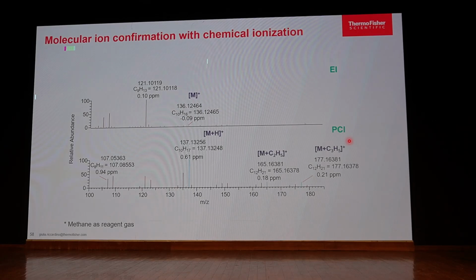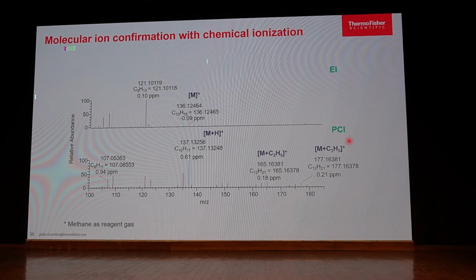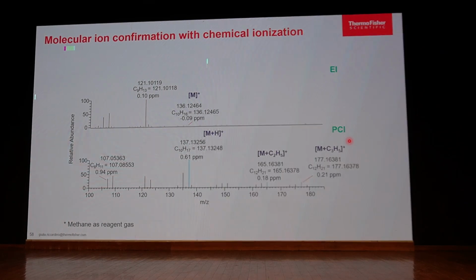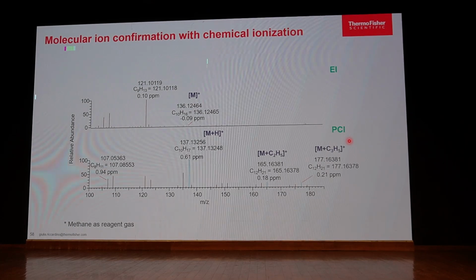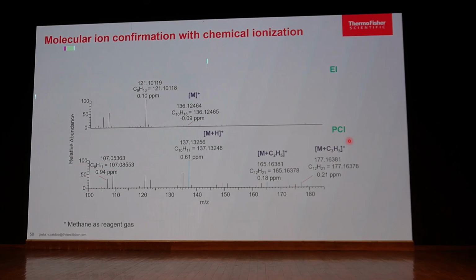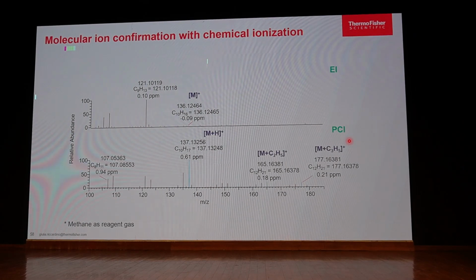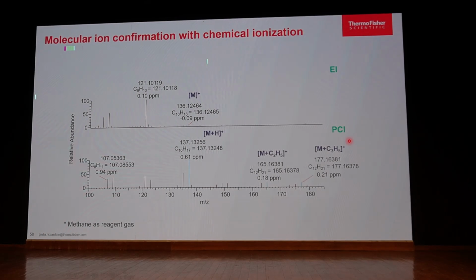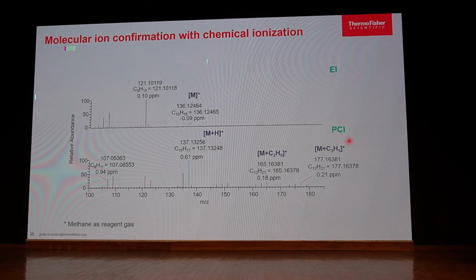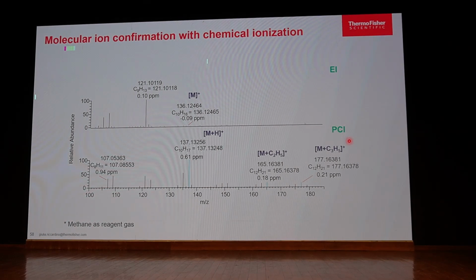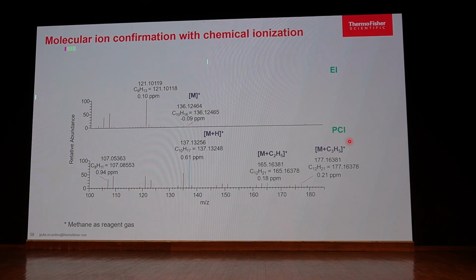Then as a molecular ion confirmation by chemical ionization, you can see that above is your EI spectra. When you are doing the chemical ionization, you can have the protonation adduct as well as other chemical ionization multiple adduct information, which will provide you more and more authentic information, where you can confidently say that yes, this molecule has multiple adducts, all passing within 1 ppm mass accuracy.